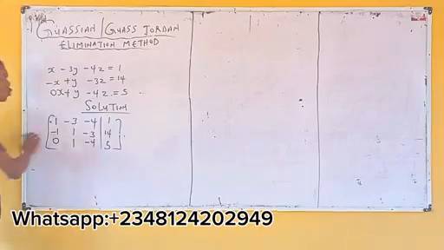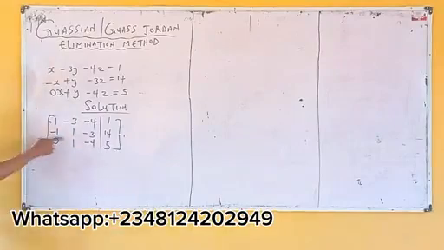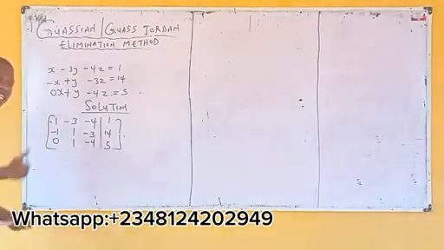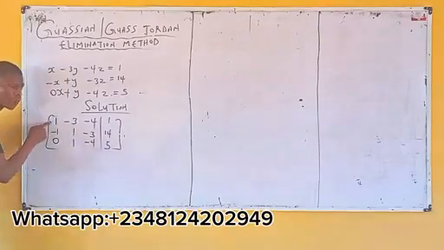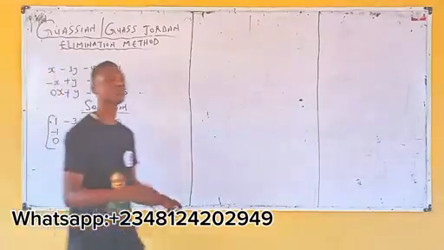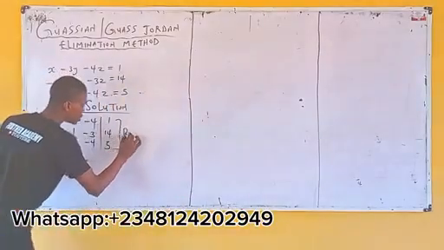My interest is only row 2. Then on row 2, what I'm focusing on is this -1. How do I make this -1 to be 0? Using 1, because this is my pivot. I'm using this one to change this -1 to 0. Now, how do you do our manipulation? What this means is that row 2 is changing.